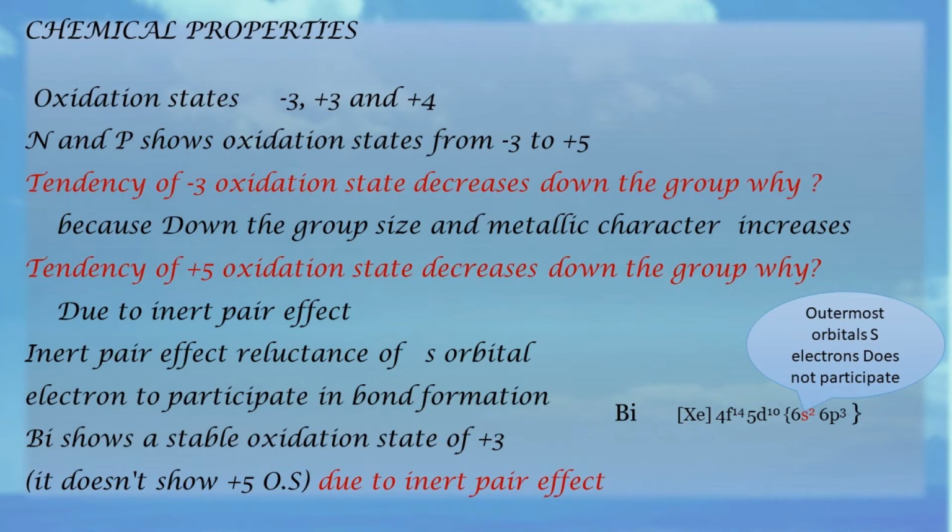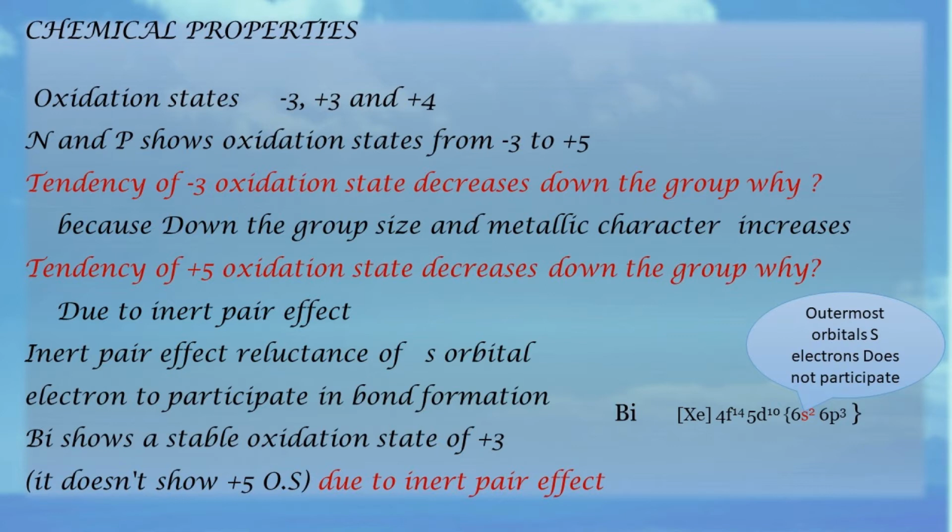In the chemical properties, we'll first look into the general oxidation state of this group. Most of the elements in this group will show -3, +3 and +4 oxidation states. But remember, nitrogen and phosphorus show a whole lot of oxidation states between -3 and +5.